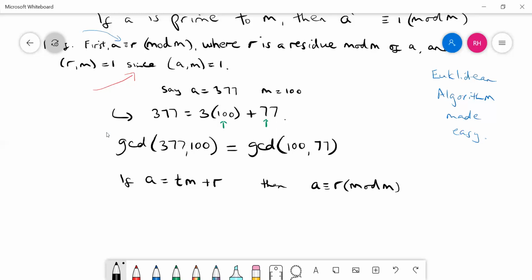But then by Euclid, the GCD of A and M is equal to the GCD of M and R.